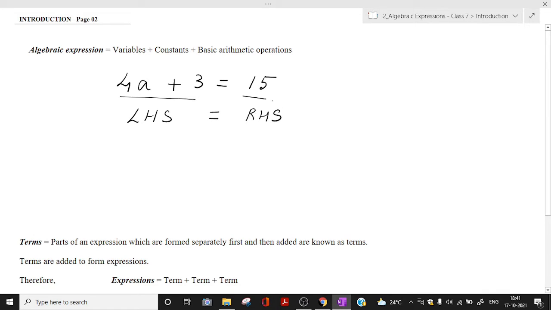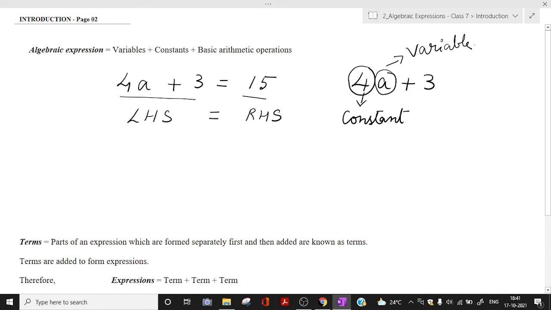Now when we are looking into an algebraic expression, let me write it over here. So if I take 4a plus 3, in this case 4 is a constant, a is a variable, we have plus, which is a basic arithmetic operation, and we have 3, which is again a constant.